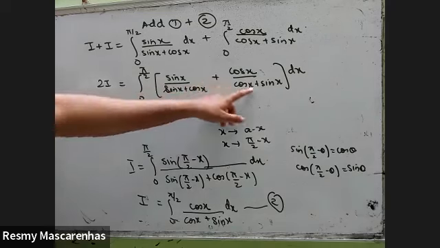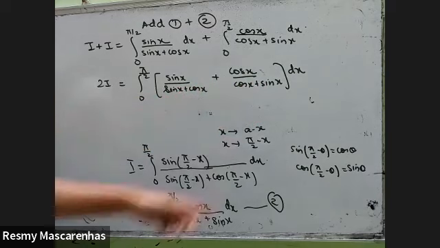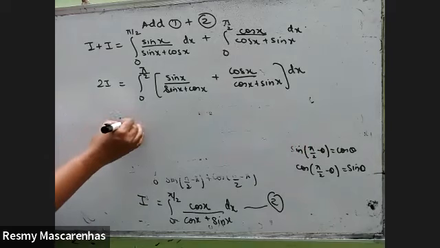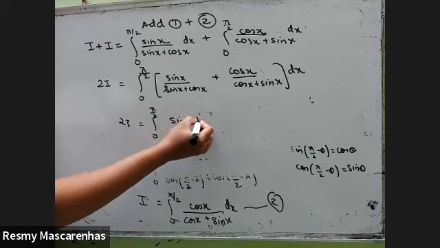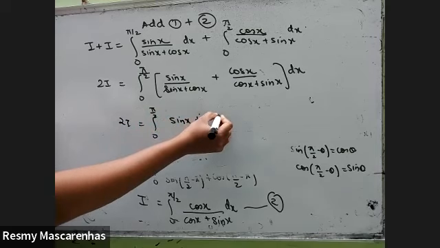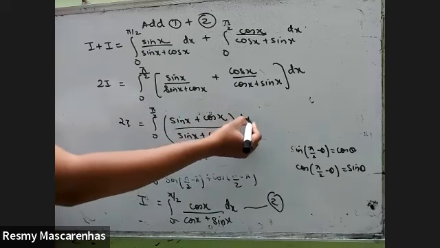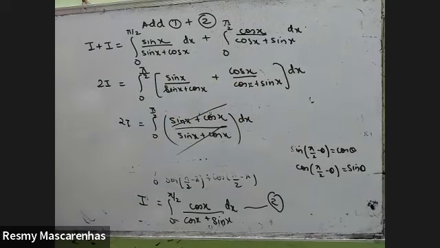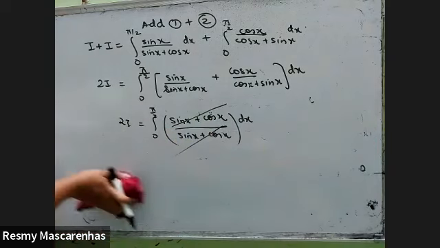Now if you see, the denominator is the same. Sin x plus cos x is the same as cos x plus sin x. So I'll make the denominator common in the next step. If the denominator is common, the numerator will get added. Common denominator, and if you notice, both are the same. So they will give the problem in such a way that this will cancel. Now the answer we get is 1.